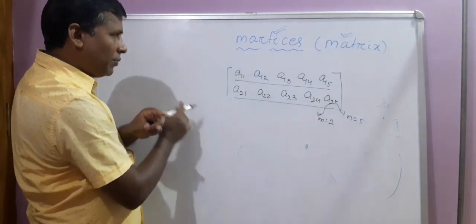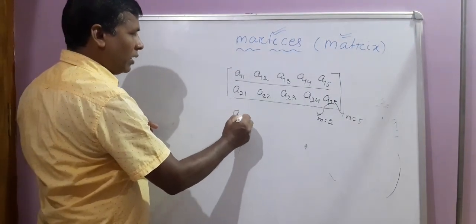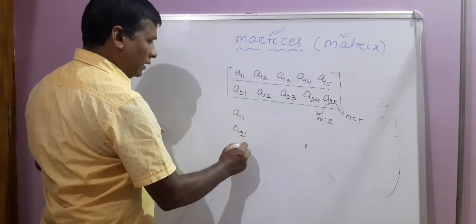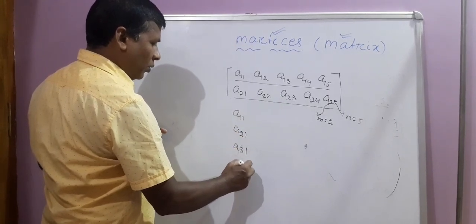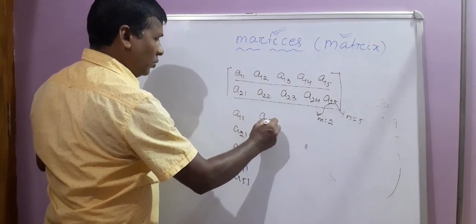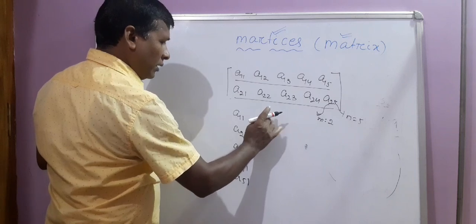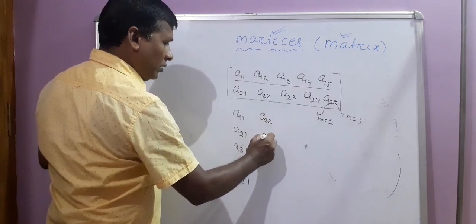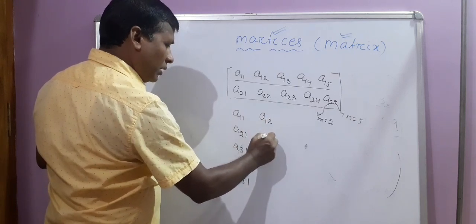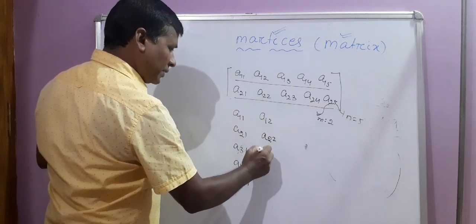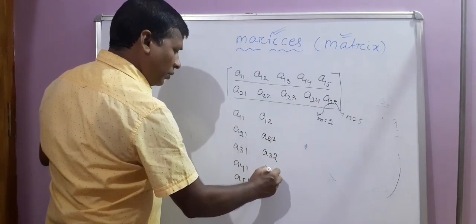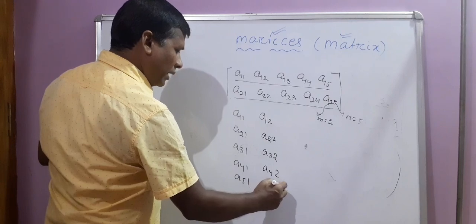Another systematic arrangement is A11, A21, A31, A41, A51, A12, A22, A32, A42 and A52.